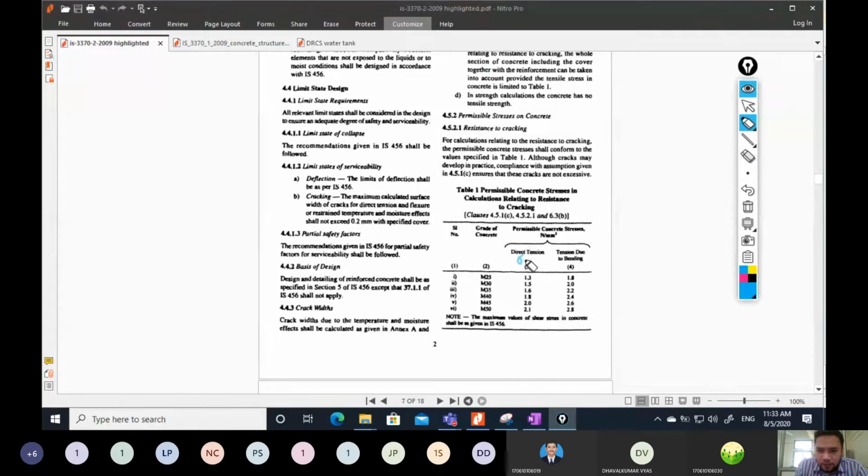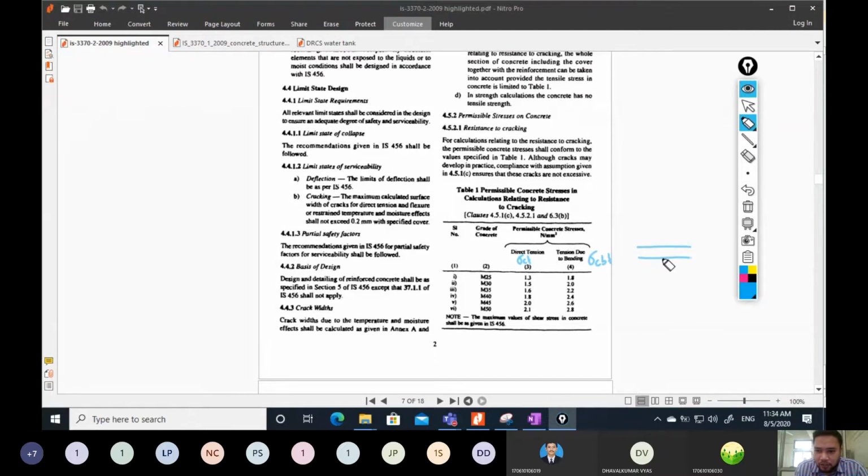So this is your sigma CT, that is permissible stress in concrete due to direct tension, and this value is sigma CBT, permissible stress in concrete due to bending tension. In the case of a flexural member, we know that under sagging, the top face will be in compression and the bottom face will be in tension.